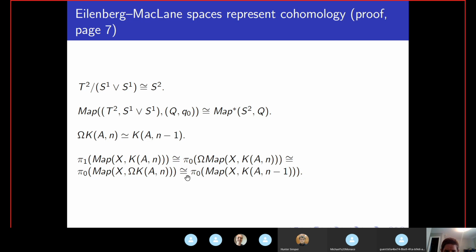And then the last equality is just that if you loop an Eilenberg-MacLane space, it shifts, and you get an Eilenberg-MacLane space of lower degree. So it says that pi1 of based maps from X into an Eilenberg-MacLane space is the same thing as pi0 of maps into an Eilenberg-MacLane space of lower degree. Actually, this might be true without base maps also.